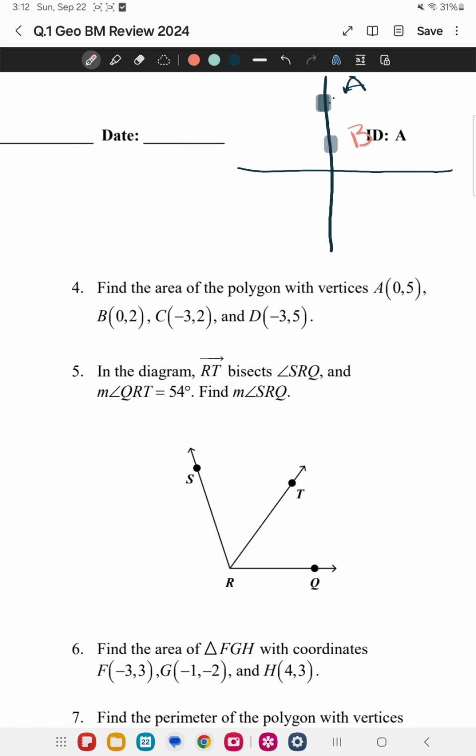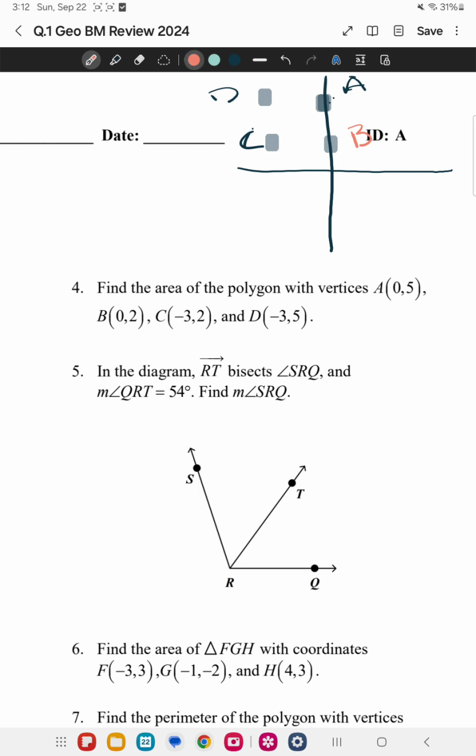And then I have (-3, 2). It's going to be about right here. And that gives me point C. And then I have (-3, 5), which gives me point D. Well, you notice that I can count the values here.